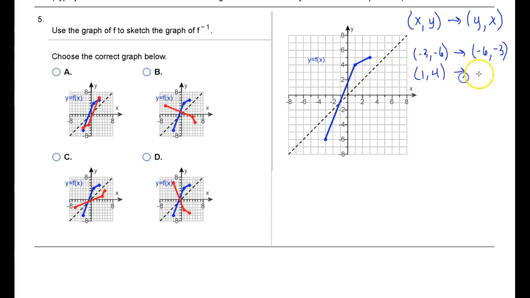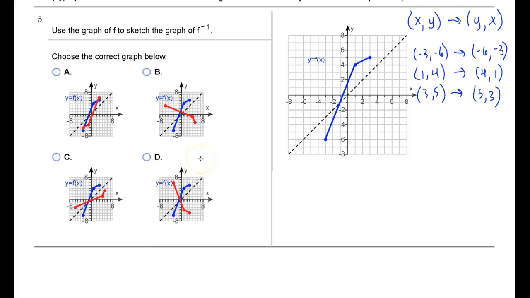So for our inverse function, this will be the point 4, 1. And then we also have the point 3, 5. So that means for our inverse function, we'll have the point 5, 3. And so now, essentially, all we have to do is plot these points and draw, and we'll see what we end up having as far as the inverse function.